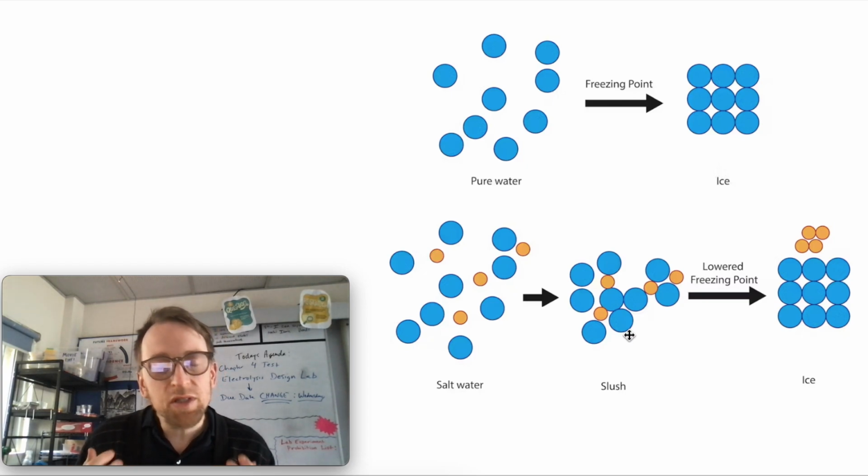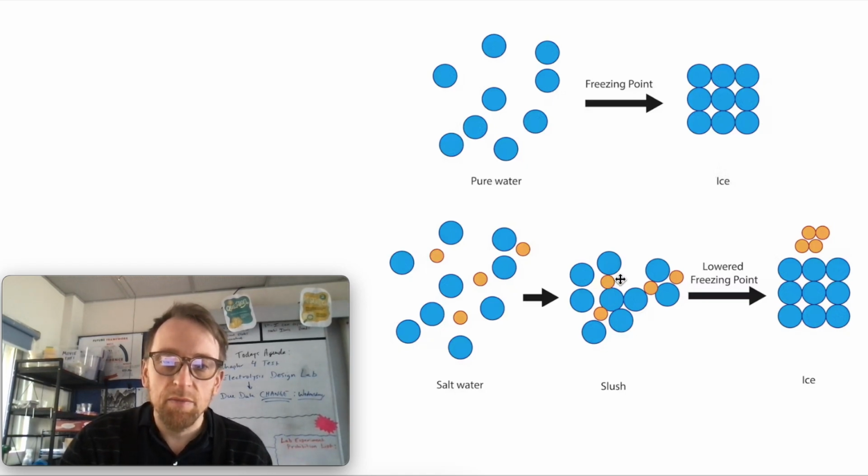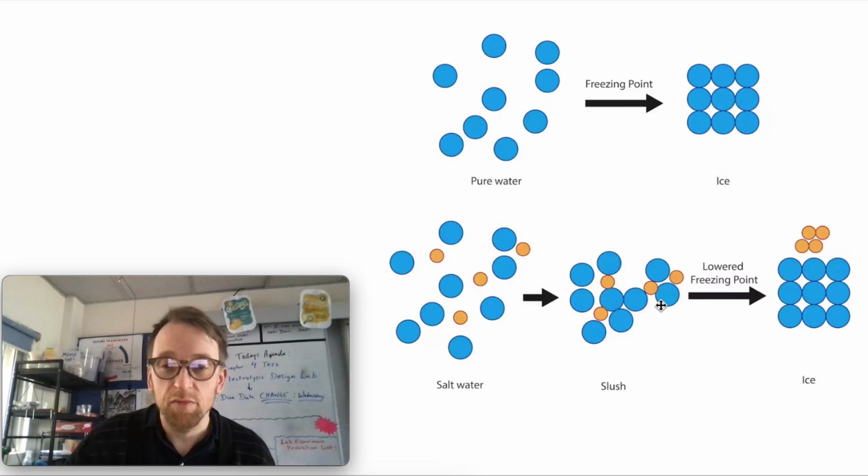The interesting thing here is that the salt blocks the ability for the water to freeze, because it takes up the areas where water wants to come together to create this ice structure that you see up here.